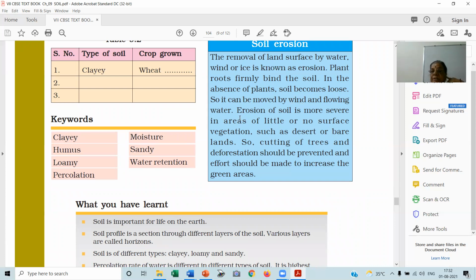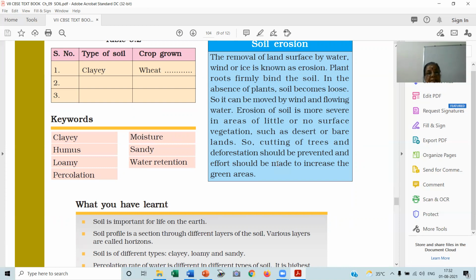And erosion of soil is more severe in areas of little or no surface vegetation, such as desert or barren land. Land without plants or trees is called barren. And cutting of trees and deforestation should be prevented, and efforts should be made to increase the green areas.